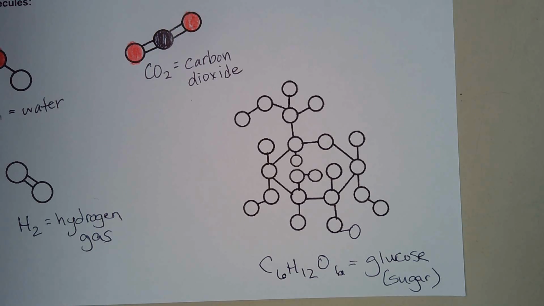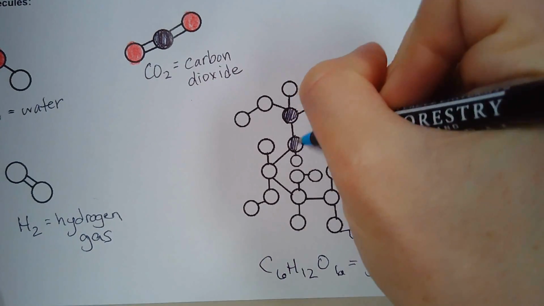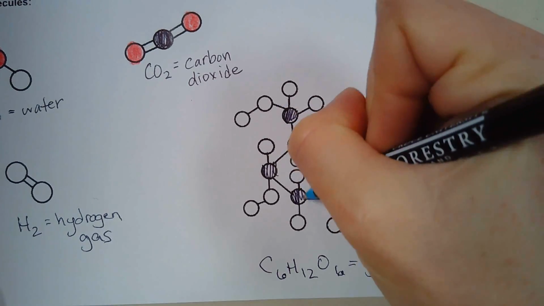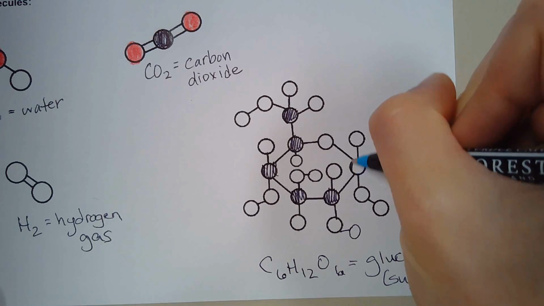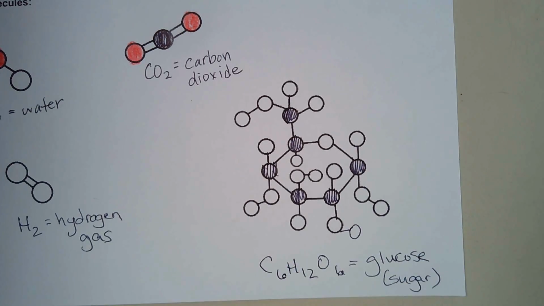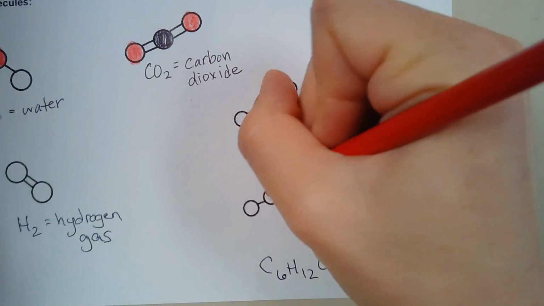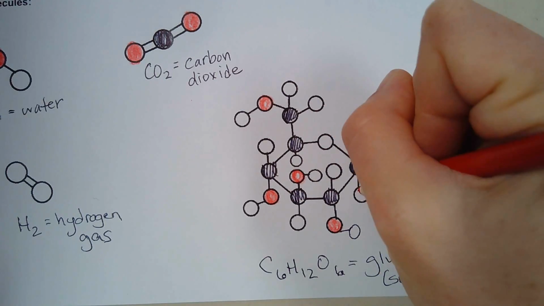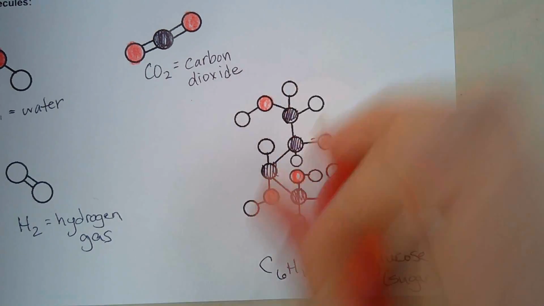So we're going to start with the carbons, and there's a carbon here, here, here, here, here, and here. And then the hydrogens, there's one here, here, here, so we could double check this.